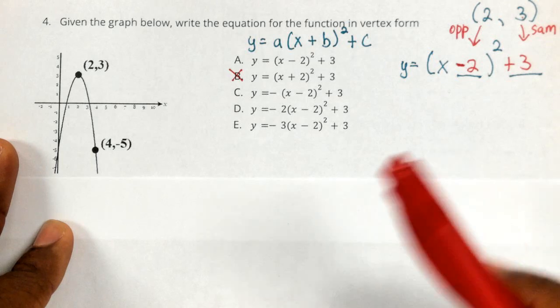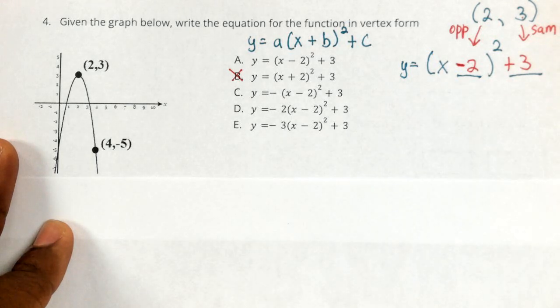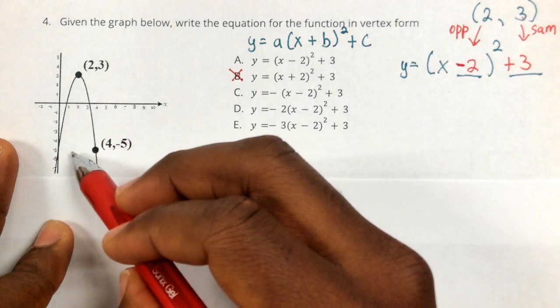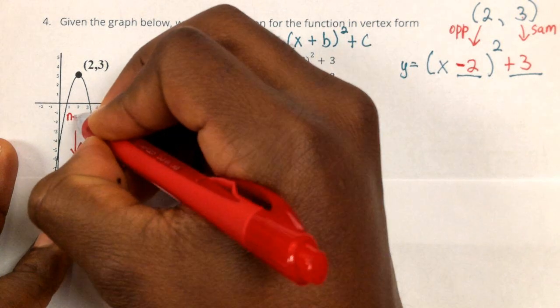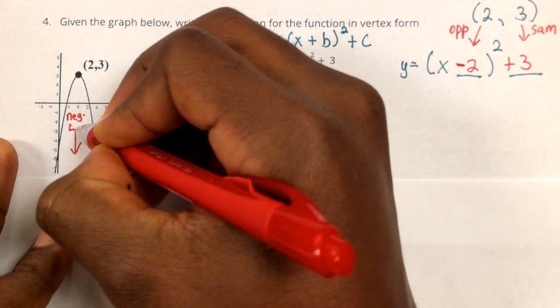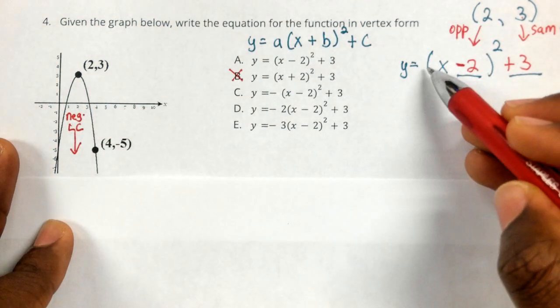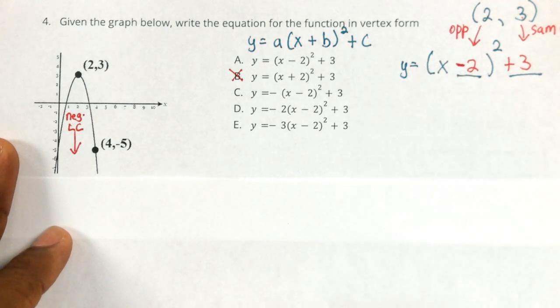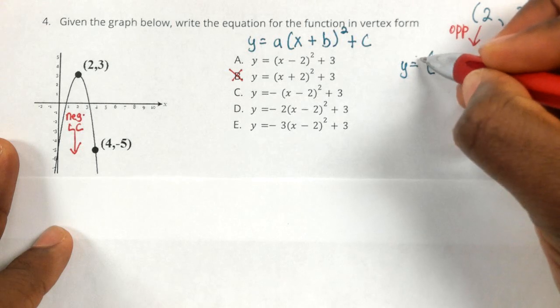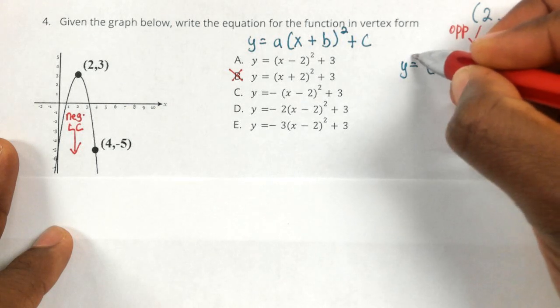That means that my leading coefficient is what? Negative. Because it's facing downwards, it has a negative leading coefficient, so the number in front should be a negative number.